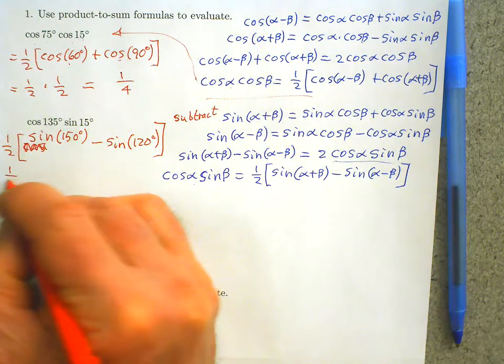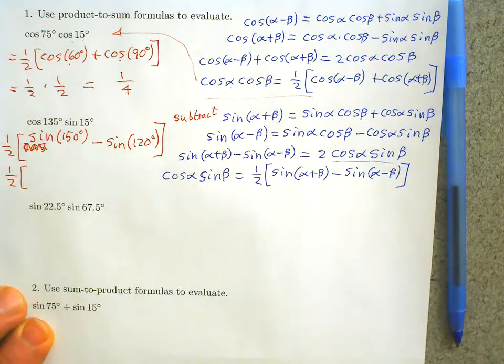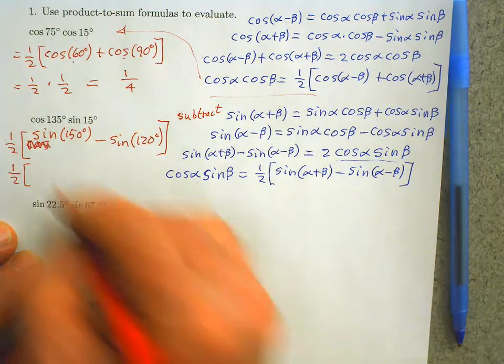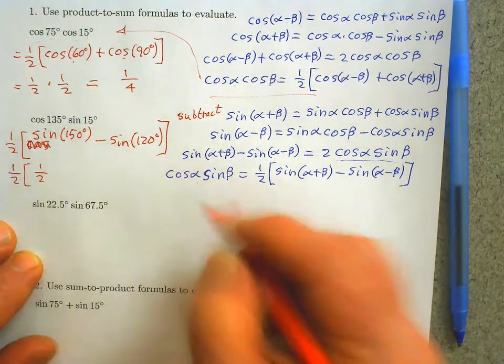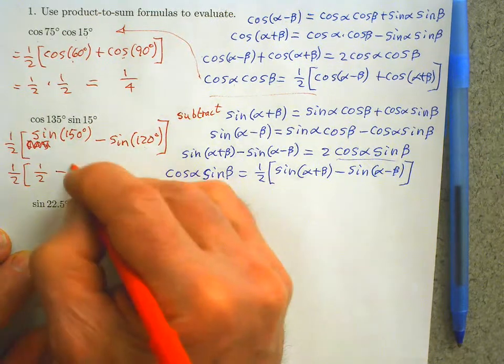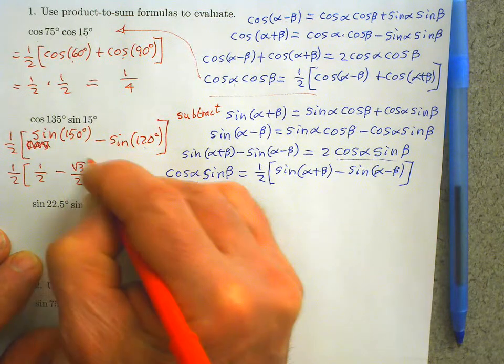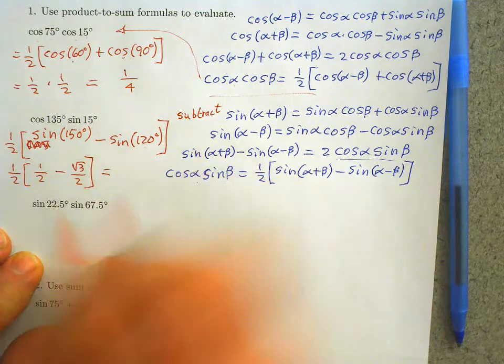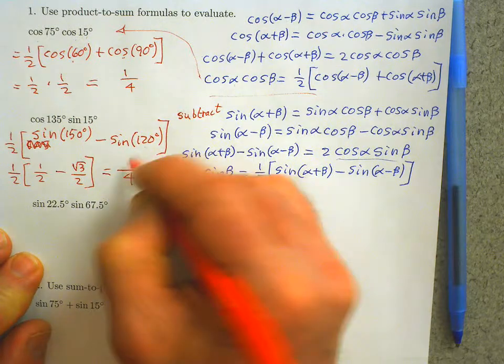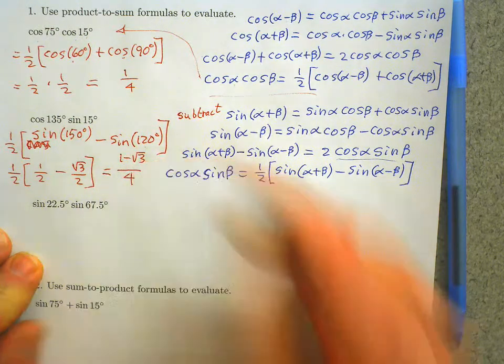And we have angles that we can evaluate. Sine of 150 degrees is 1/2. And sine of 120 degrees is the square root of 3 over 2. So the common denominator will be 4, and I'll have 1 minus the square root of 3 in the numerator.